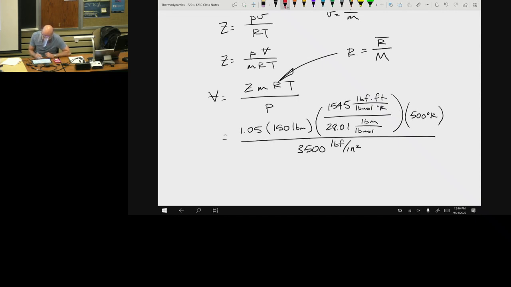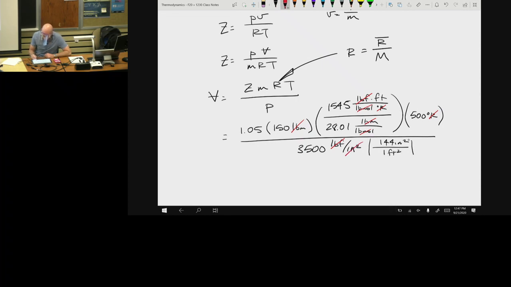Let's go through and cancel. This pound mass is going to cancel with this pound mass. This pound mole is going to cancel with this pound mole. This degree Rankine cancels with this degree Rankine, and this pound force cancels with this pound force. But now if I were to calculate it, I would have feet times inches squared, which is not good units. So I'm going to say here that I have 144 inches squared in 1 foot squared.